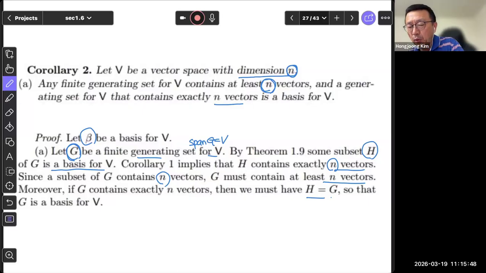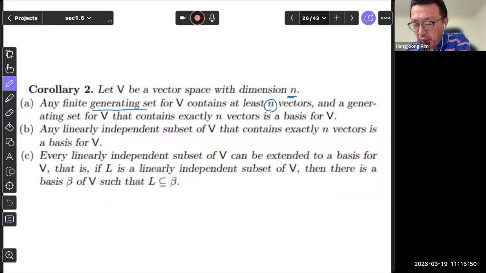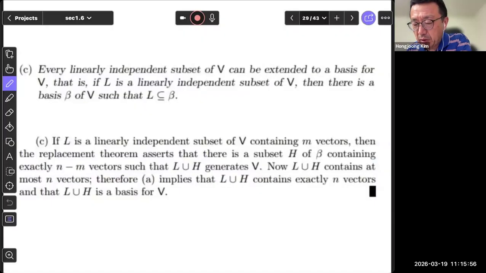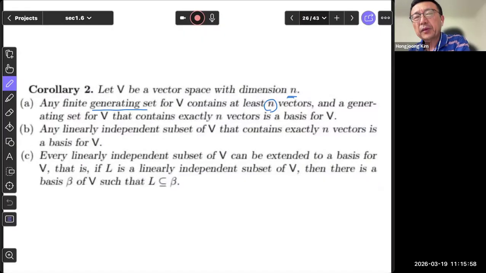Okay. Now the point is this. I wrote down the proofs for statements B and C there, so you can read them. Those are trivial. But the point is this. In this corollary, what is known? V is a vector space of dimension n. So this is a known fact.